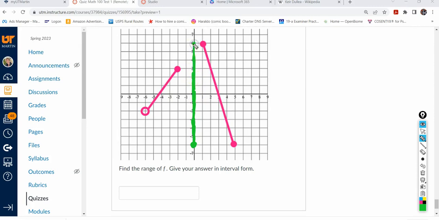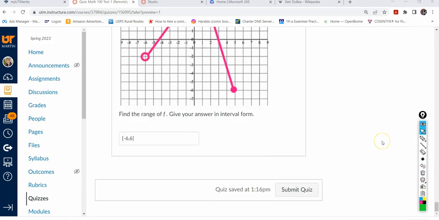And then I finish up here, and that's my range. You must go from bottom to top, starting at and including negative 6, and finishing at and including positive 6. And no blank spaces.